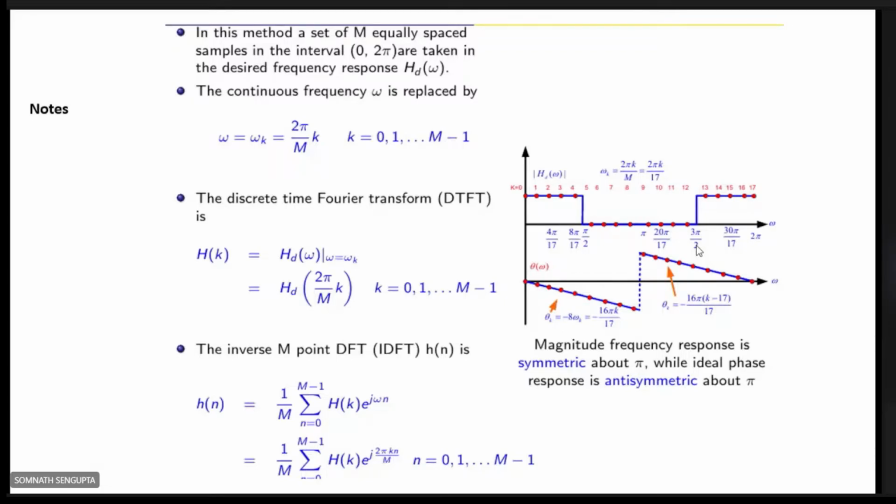At the center of symmetry, that is omega equal to pi, the samples will be repeated after that. So this way we sample the frequency.